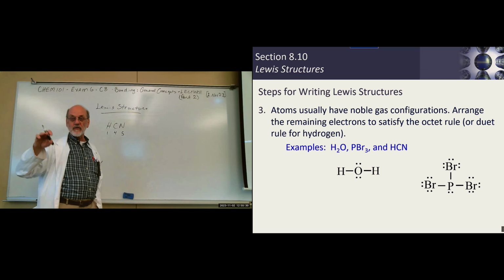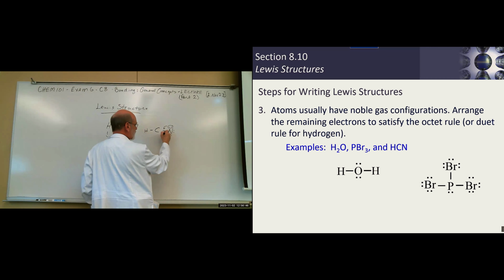Okay. Now, that's not a Lewis dot structure because we don't have an octet for carbon. We got an octet for nitrogen. So how are we going to get an octet for carbon without sacrificing the octet for nitrogen? The way is to make more bonds. So we take these 2 here, make another bond. These 2, make another bond.